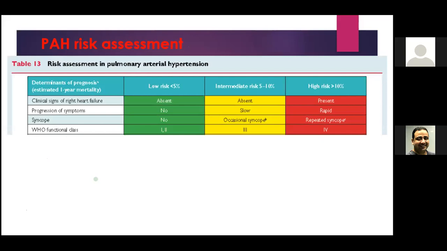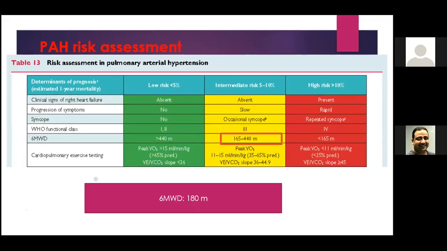If you look, we have clinical criteria such as heart failure, the progression of symptoms, the syncope, and the functional class. Here, the state of our patient. We have exercise parameters such as the 6-minute walk distance and the cardiopulmonary exercise test.